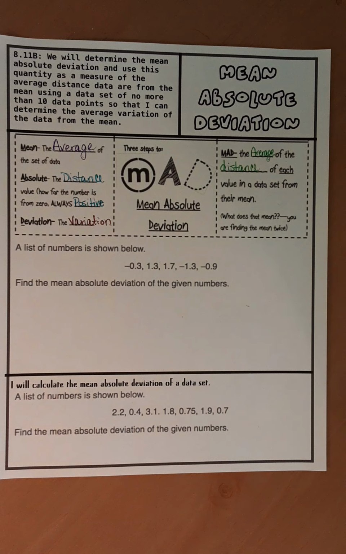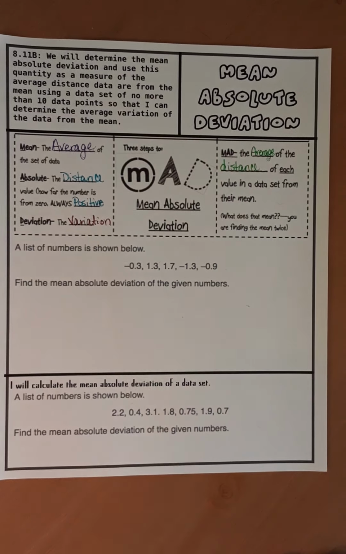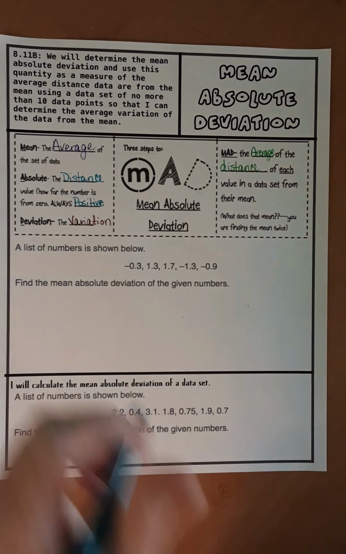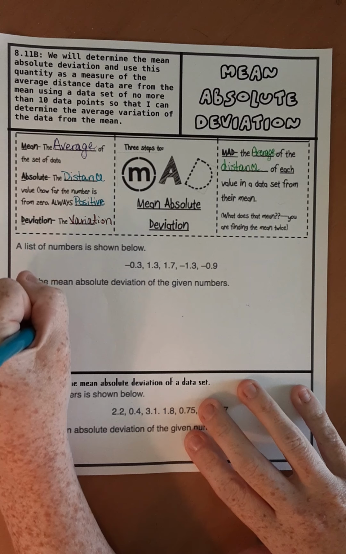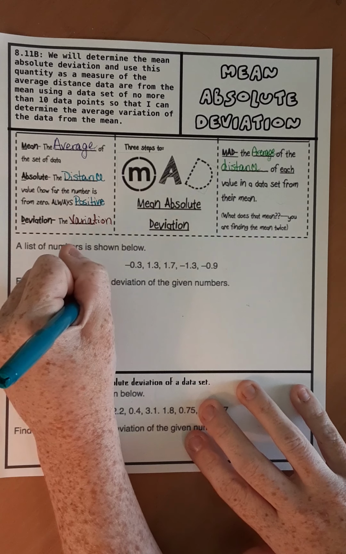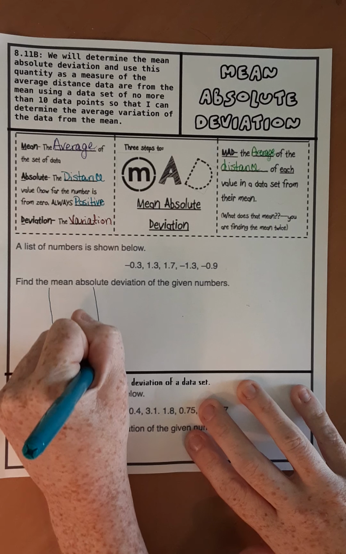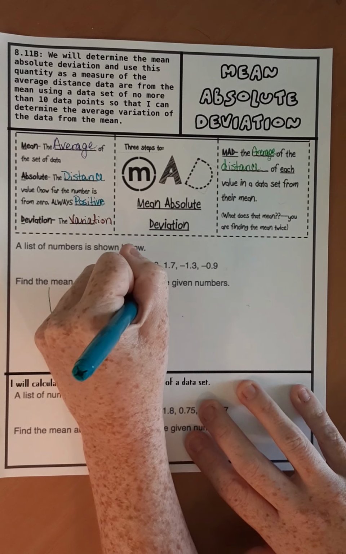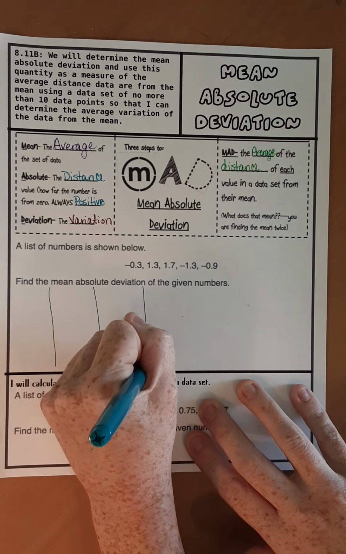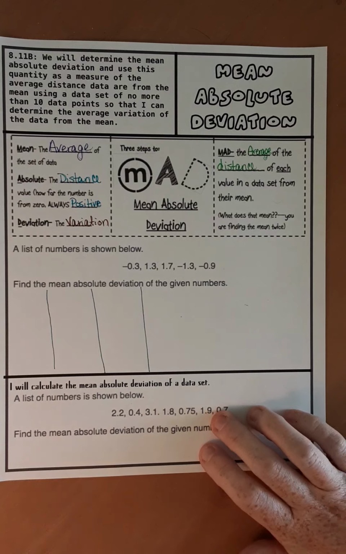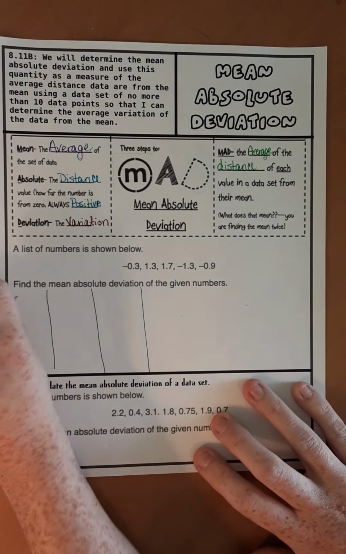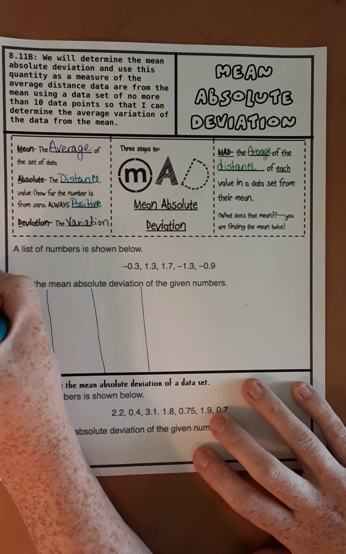Now to do this, we're going to create a chart that's going to help us keep track of our information. So on your paper, I'd like you to draw 3 columns. Okay, at the top of this first column, I want you to write the word data.